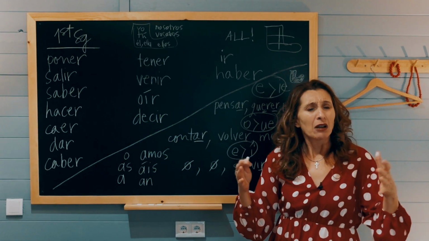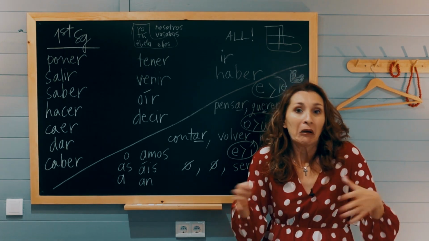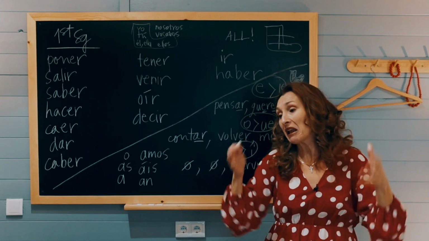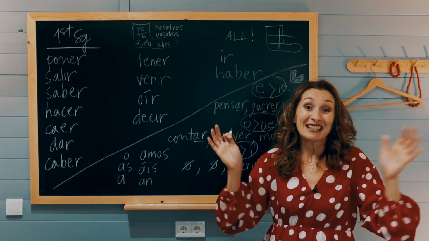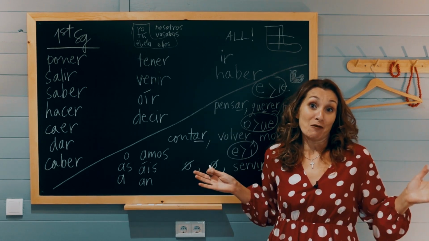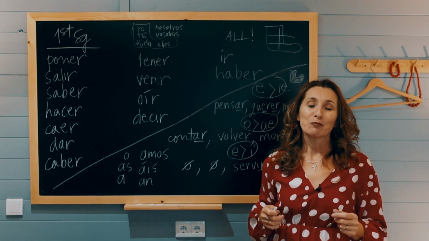Just accept, okay, it's not poneo, it's pongo. I don't care why. Obviously, there's something weird happening here. I'll just accept it. It's the way it is. It's the way the Spanish speak, and I want to learn it that way. So you just repeat pongo, pones, pone, ponemos, ponéis, ponen.